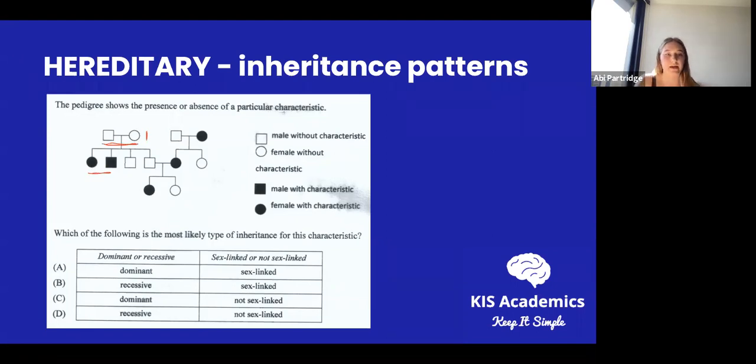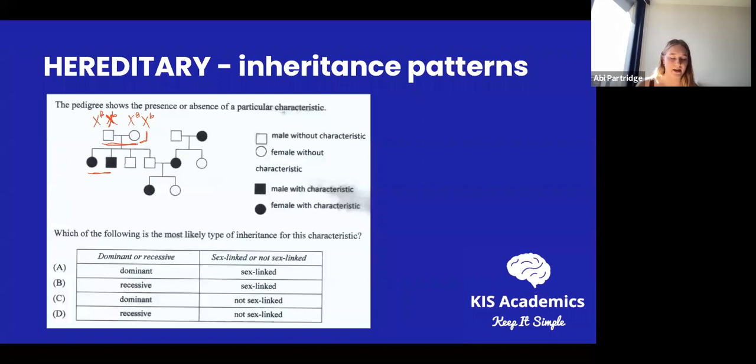So immediately we're thinking that this is a recessive condition, because the only way that someone could not display it but still carry it to pass it on to their children is if they have a dominant and a recessive allele. They would both have to be heterozygous. Oh, sorry, that's a Y? Yeah, okay, because we don't know if it's sex-linked or not yet.